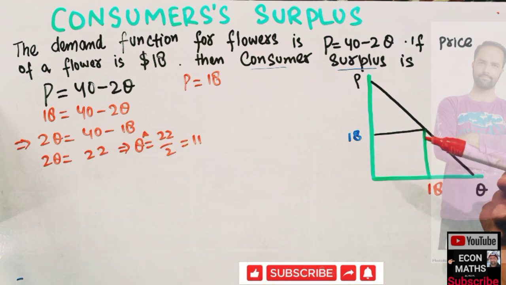Now consumer surplus is the area above the equilibrium price and below the demand curve. So how do we calculate it? Very simple thing, I will show you.